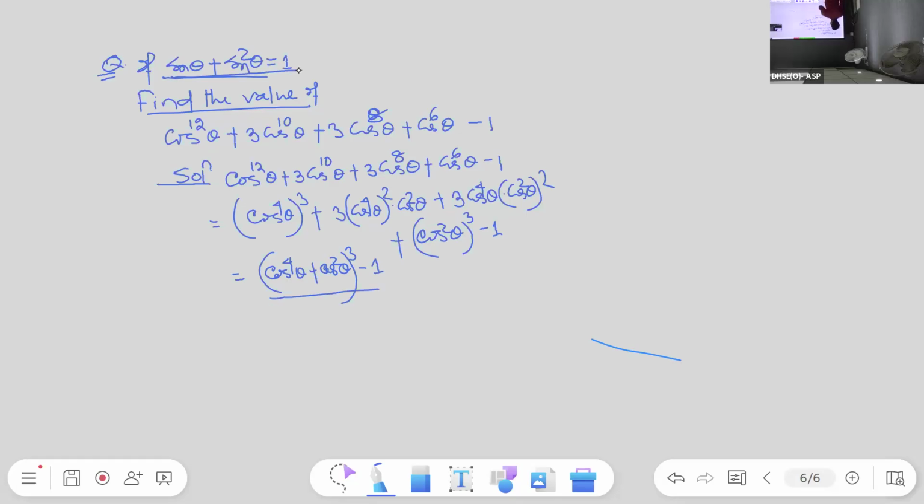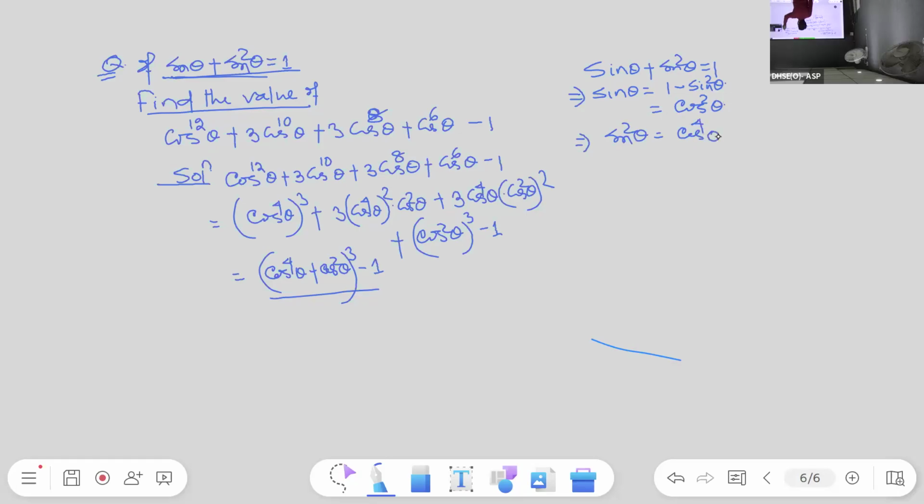If the value of the expression sin theta plus sin square theta is equal to 1, this implies sin theta is equal to, taking sin square theta to the right hand side, 1 minus sin square theta. 1 minus sin square theta is equal to cos square theta. So sin theta is equal to cos square theta. Again, squaring both sides, we have sin square theta is equal to cos to the power 4 theta.